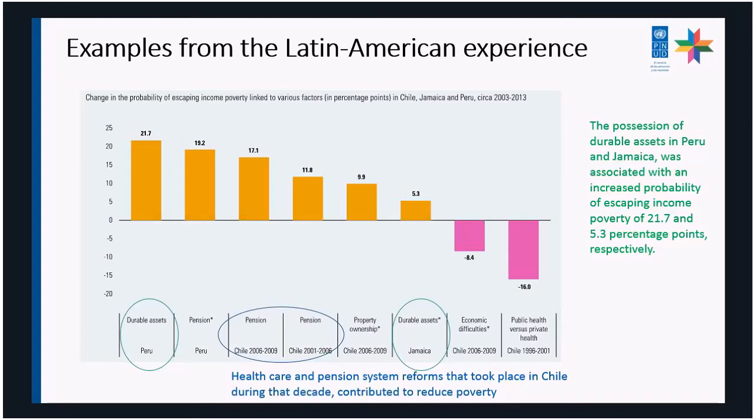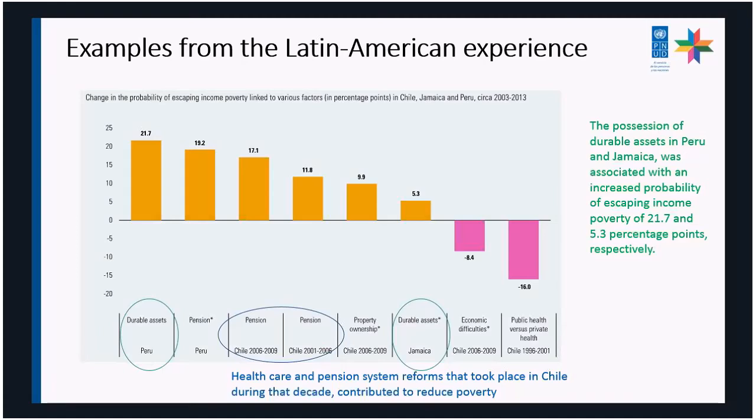No, the underlying message here is the need for integrated and comprehensive policies protecting the assets and influencing the creation of productive assets across the households, especially for those in poverty, but more importantly for those above the poverty line, but which are facing a potential risk of falling back into poverty.